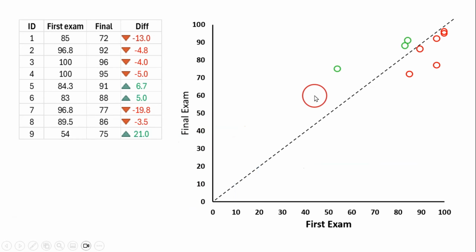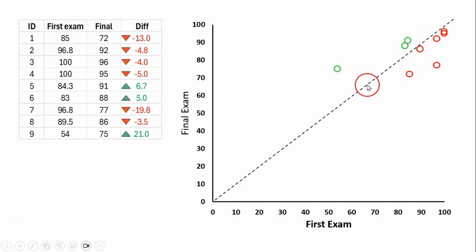I've color-coded the data points to match what's going on over here in this right-hand column. And as you can see, what's interesting about having that line of identity is you can see that there are 3 green values here where people increased from the first exam to the final. And there's also 3 green points that match those.